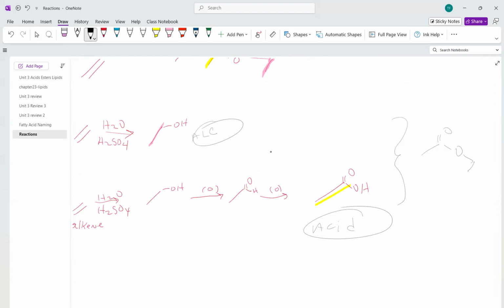That's an example of a multi-step synthesis. It's not a one-stepper. So you're gonna have one of those Thursday.